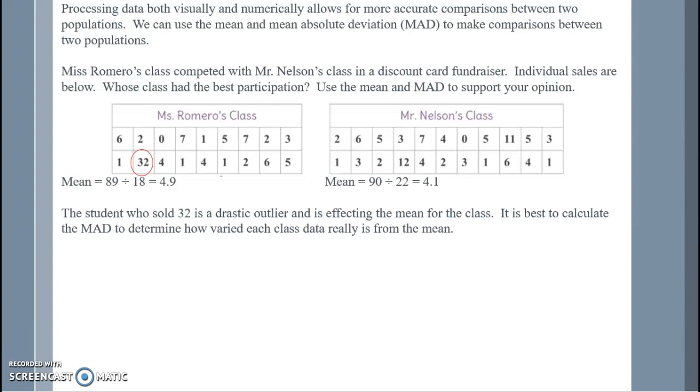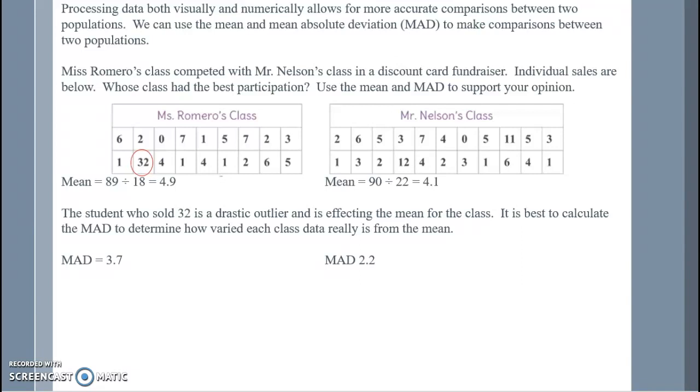Therefore, it is best to calculate the mean absolute deviation to determine how varied each class data really is from the mean. So remember, the mean absolute deviation tells us how far away from the average the points are, so how spread out the data is. I've calculated the mean absolute deviation, referring to previous videos to recall how to do that.